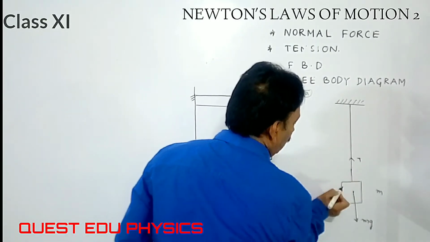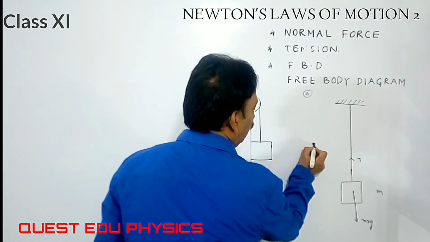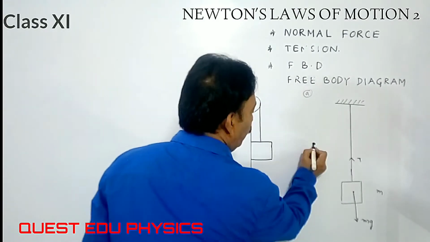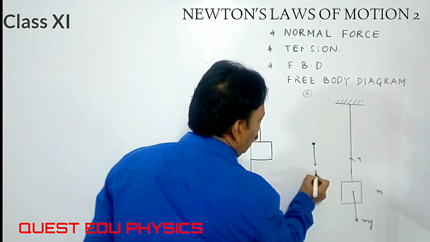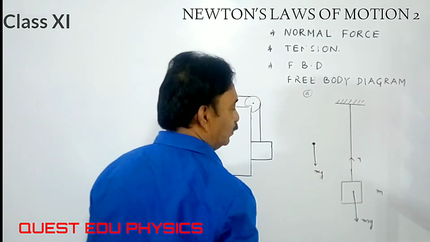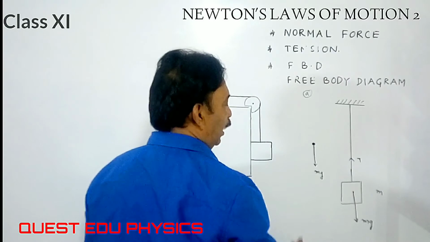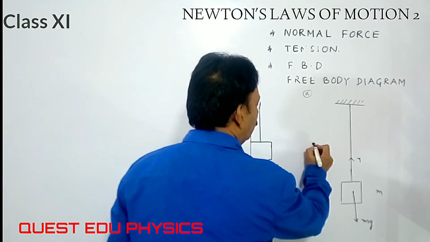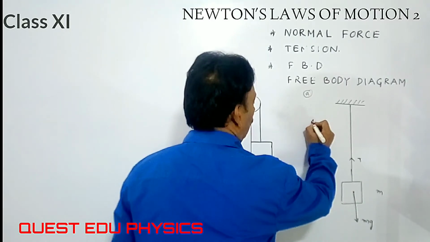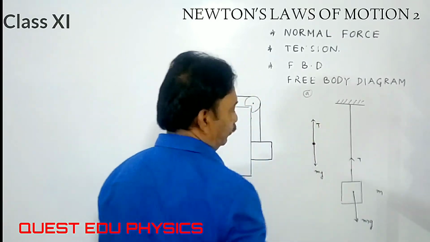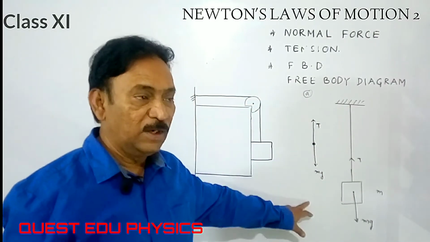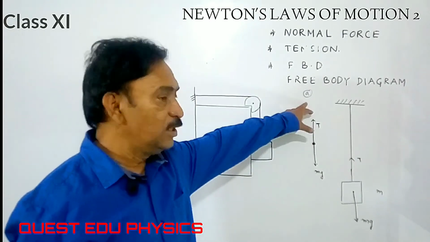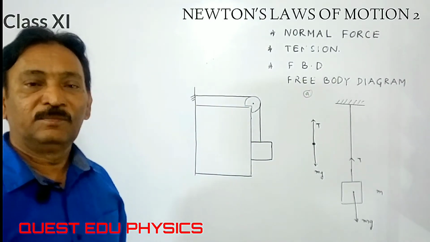If you consider it as a point-sized body here, then obviously the weight is acting vertically downwards, and we have to represent the tension. In the free body diagram, weight is acting vertically downwards and the tension is in the upward direction.